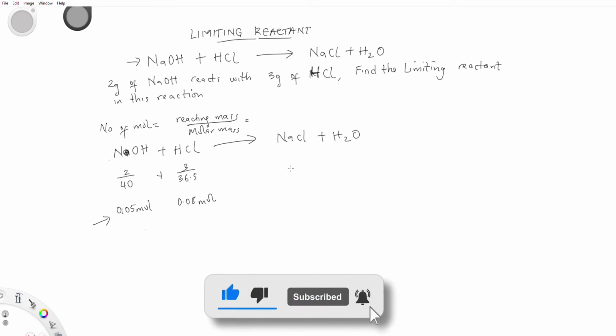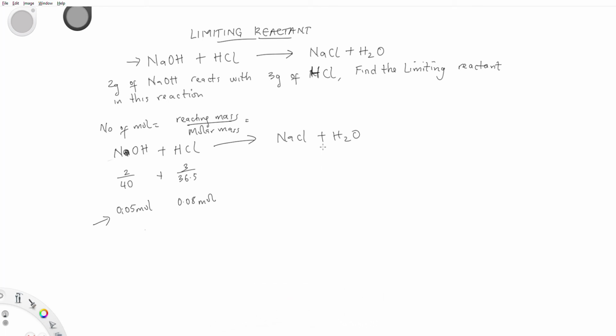Okay, let's work out the stoichiometry of the reaction so that we know the actual number of moles of sodium hydroxide that will react with the actual number of moles of hydrochloric acid here. Since we are working in terms of moles, remember that this is 1 and this is 1.